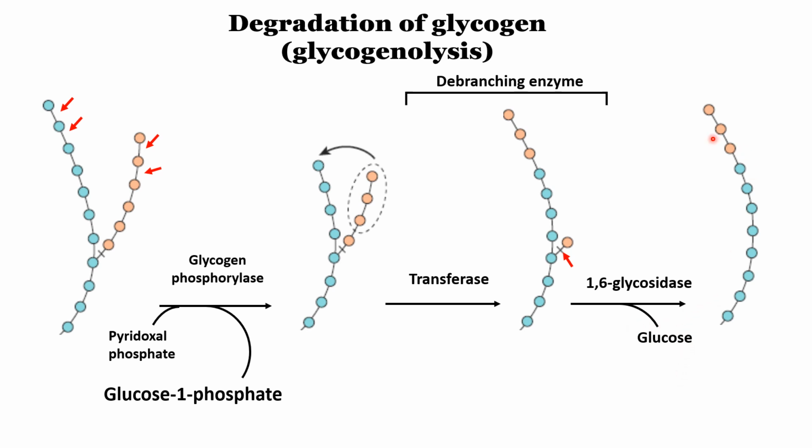So the result now is a straight chain of glucoside units attached by alpha-1,4 linkage.